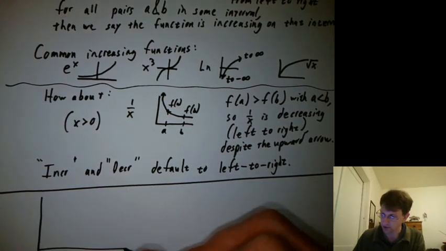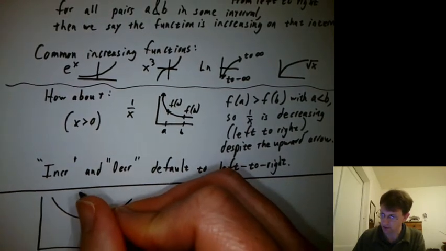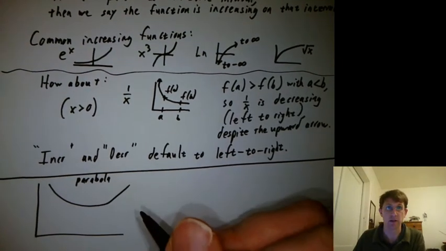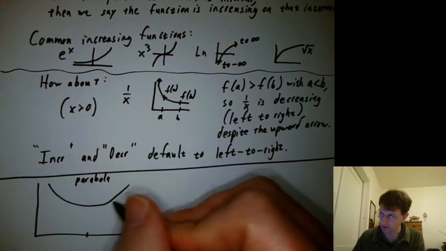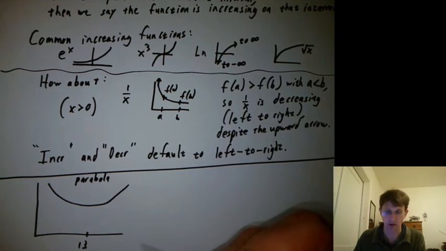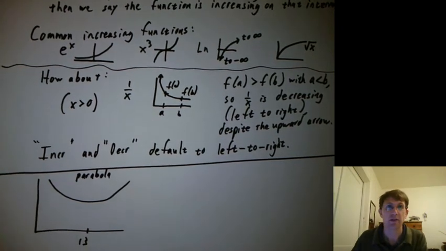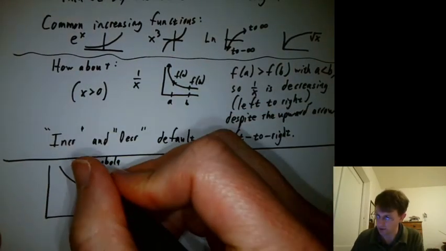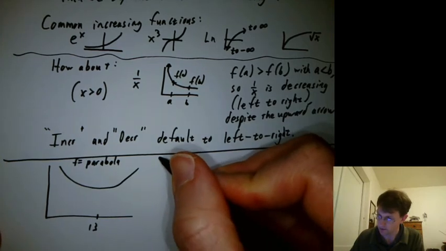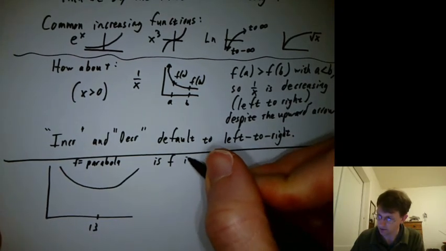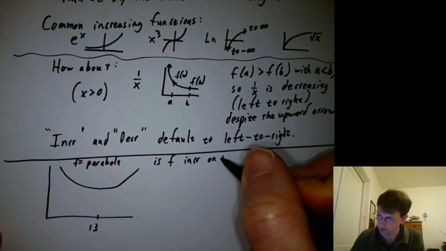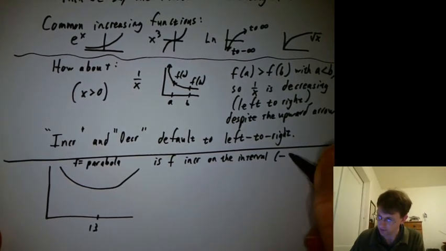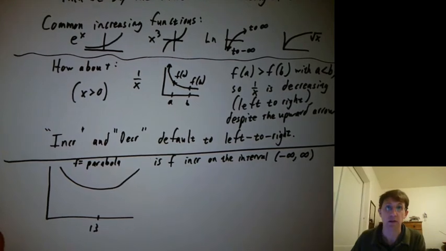Let's draw something quick here. Let's say this is the world's best parabola. So you know it has that same trend in both directions as you move farther on out. Would you say that f is increasing on the interval from negative infinity to positive infinity?